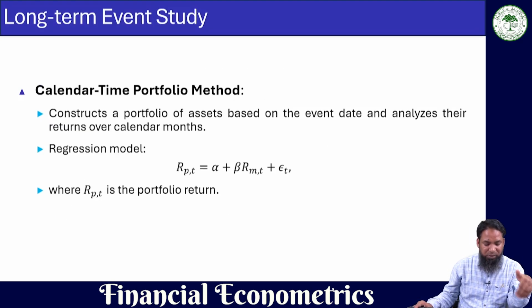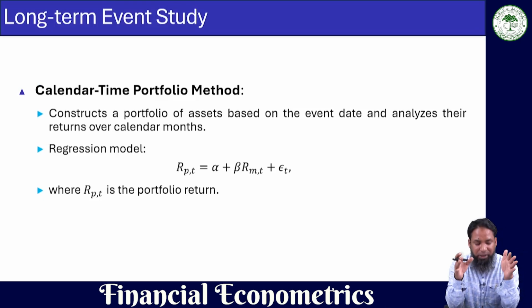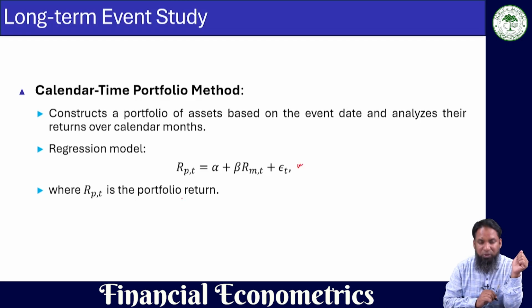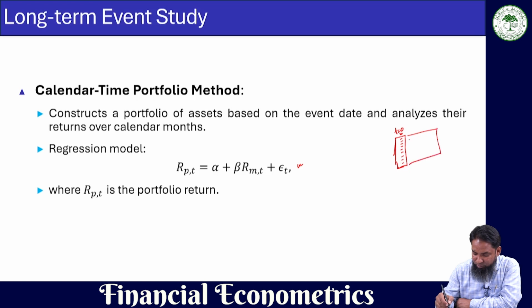Then another aspect comes: the calendar time portfolio method. So, construct a portfolio of assets on that event date and analyze their returns over calendar months, and regress this model here, where RPT is the portfolio return. So, basically what we are doing here is that on the event date, T equal to 0, we make a portfolio of assets, and we analyze the returns of all these assets of all these firms for a calendar month.